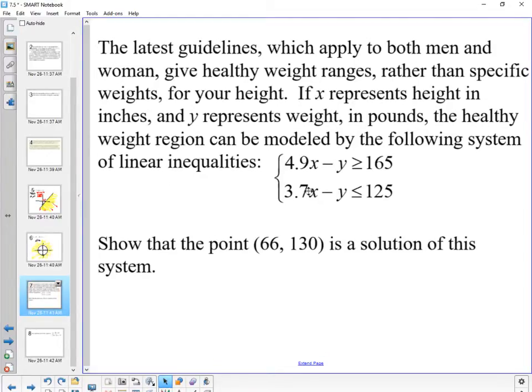The latest guidelines, which apply to both men and women, give healthy weight ranges rather than specific weights for your height. If x represents height in inches and y represents weight in pounds, the healthy range is described by a system. All they want us to prove is that 66, 113 is a solution to the system. What do we do? Plug it in. And for both, what should happen?